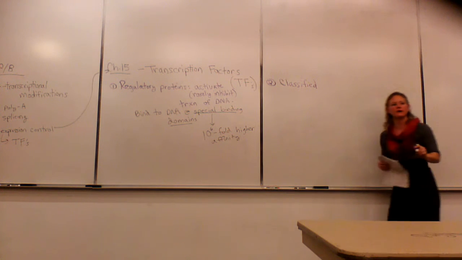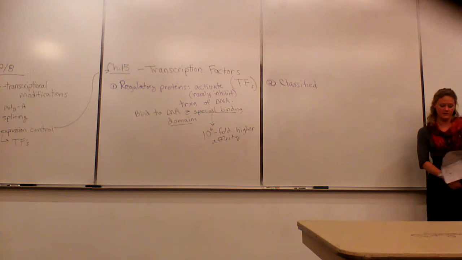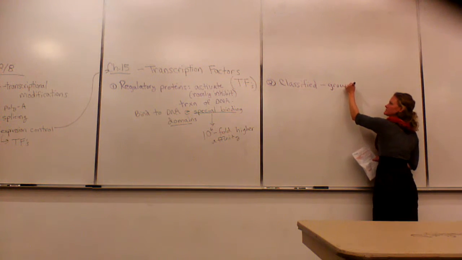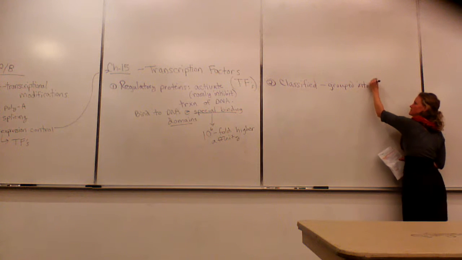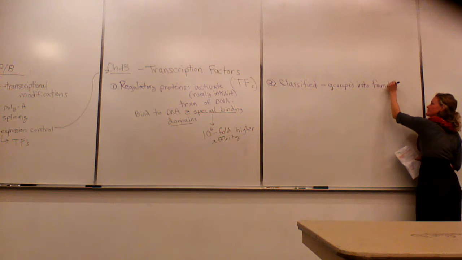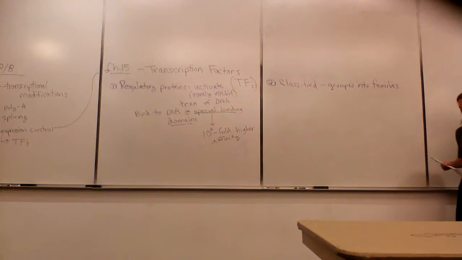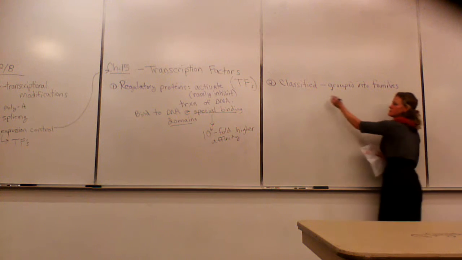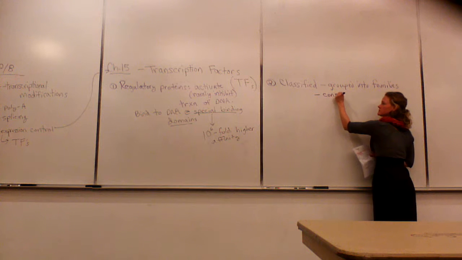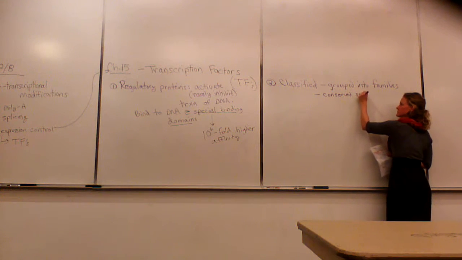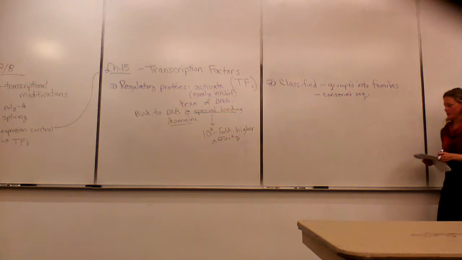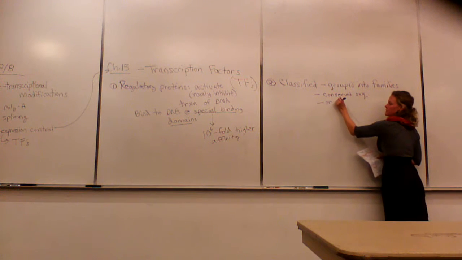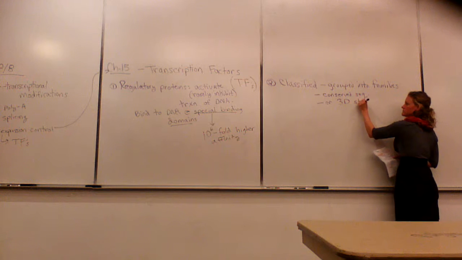They're put into categories, because there's lots of them out there. They're grouped, usually into families. And it depends on either their conserved sequence, or based on their three-dimensional structure.